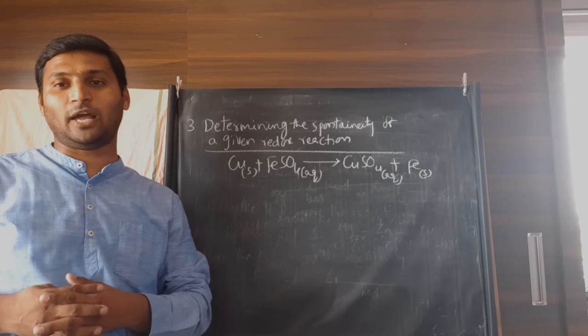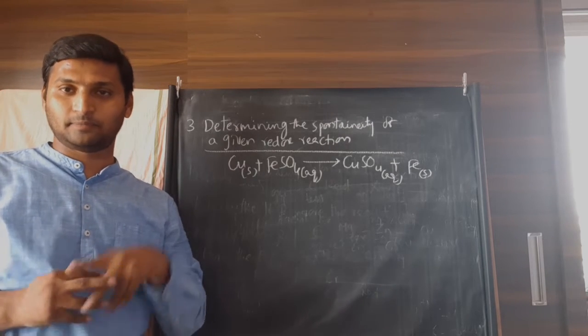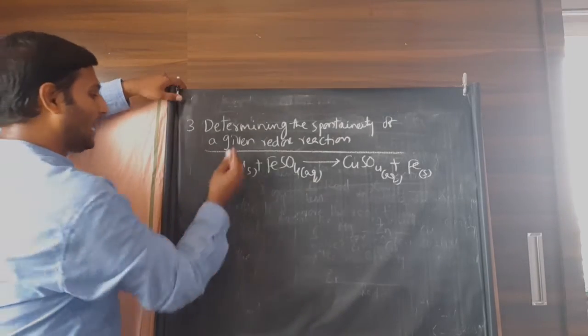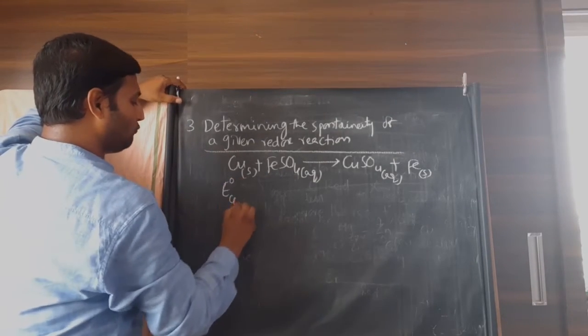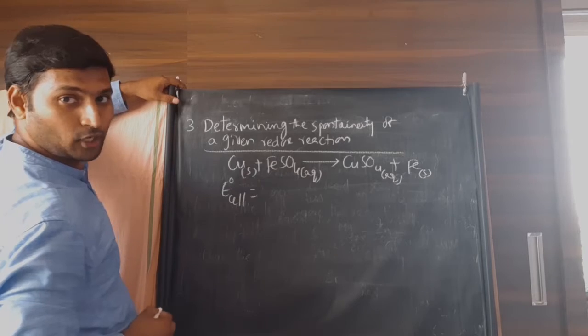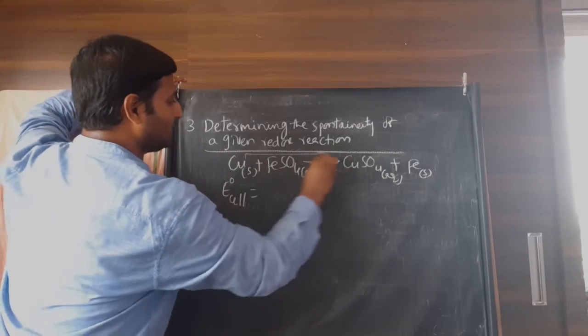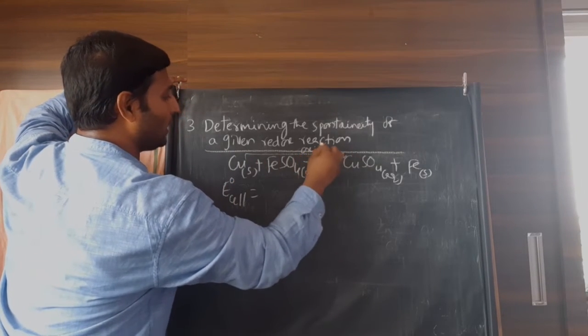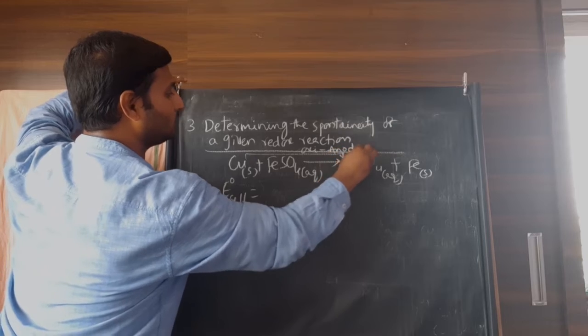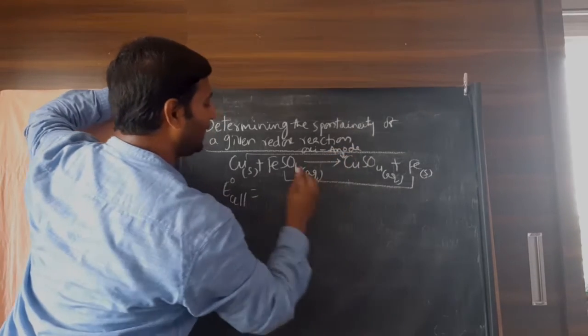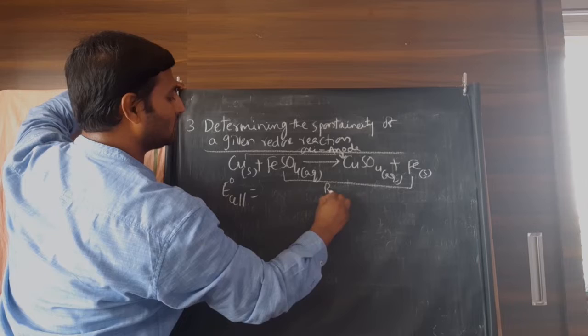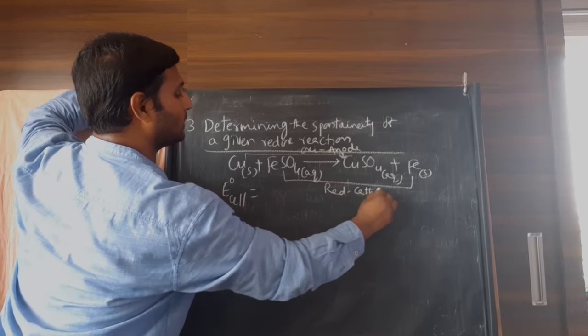It comes from the SRP values of the electrochemical series. Say, I will calculate E0 cell for this particular reaction. Now you can clearly see the copper couple is undergoing oxidation, it is the anode here. And you can clearly see the iron couple is undergoing reduction and it is the cathode here.